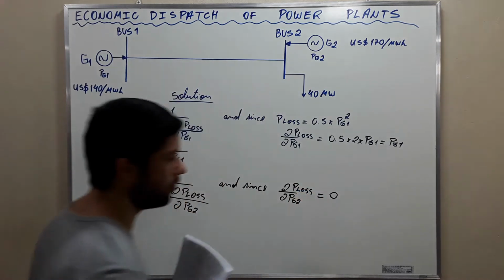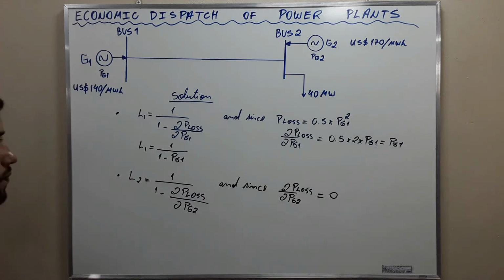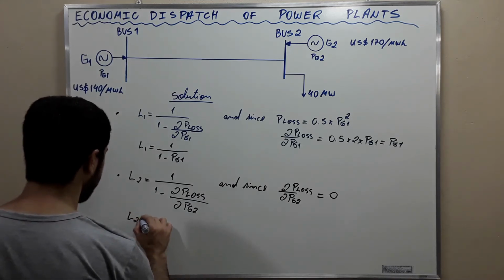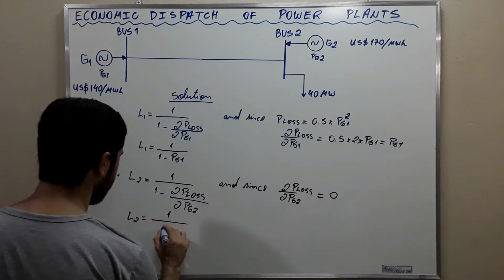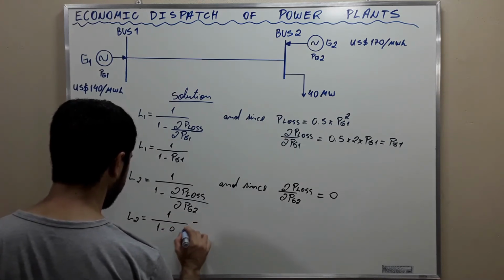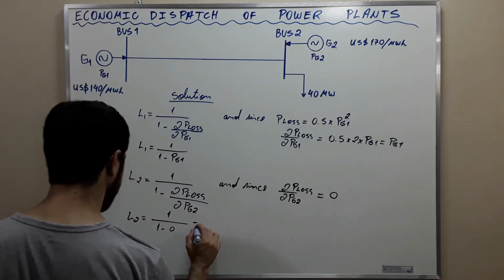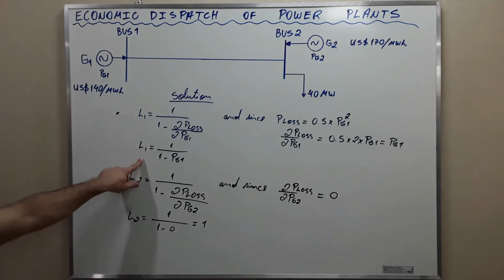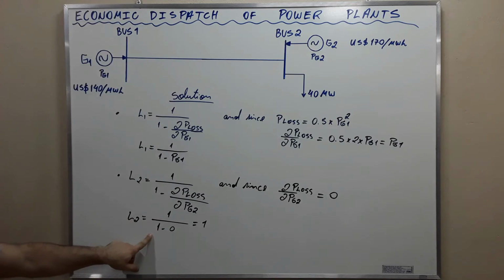And since this is 0, this expression here becomes 1. Up to this point, we have calculated the penalty factor for generator 1 and the penalty factor for generator 2.